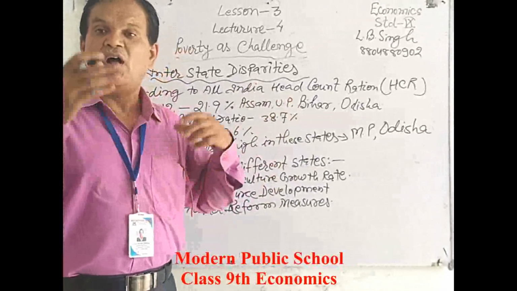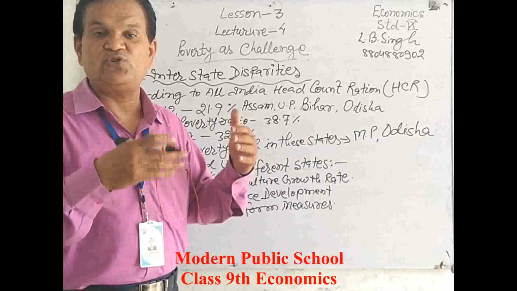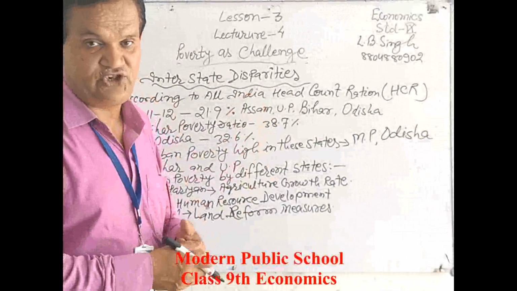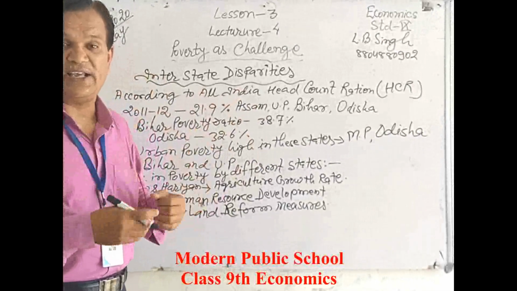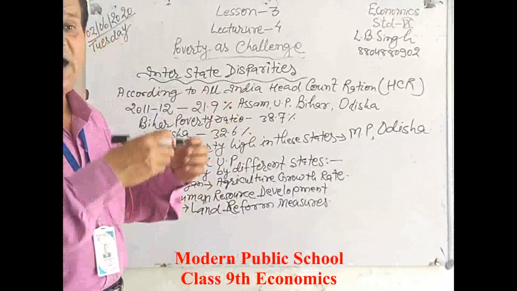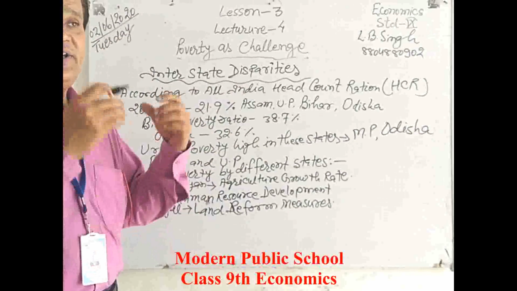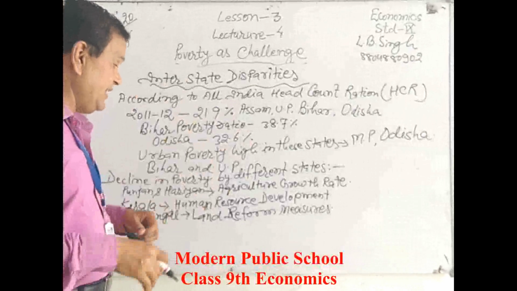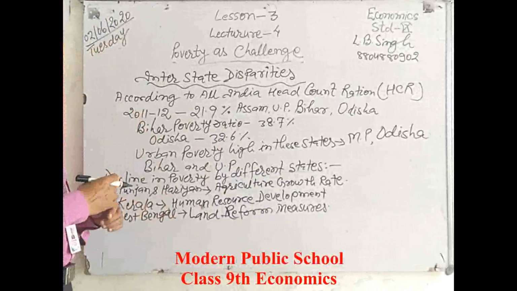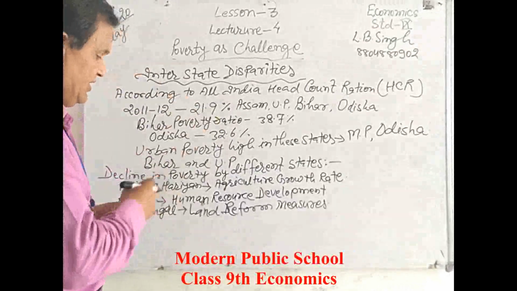All the people are working hard and producing a lot of grains, a lot of other crops, which are known as cash crops. And getting cash, they are reducing their poverty. So this way, some states are declining their poverty.